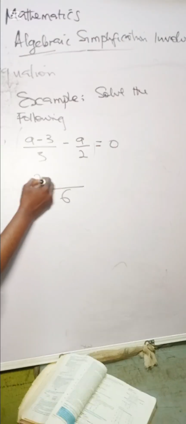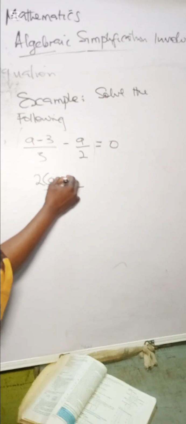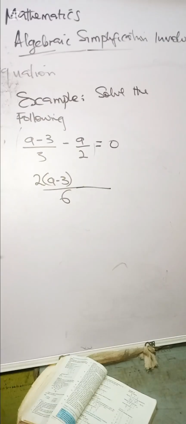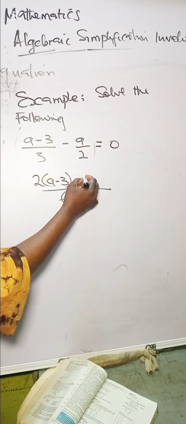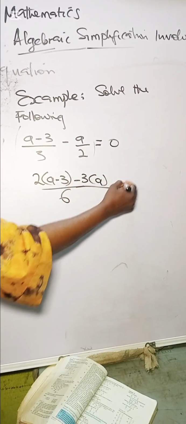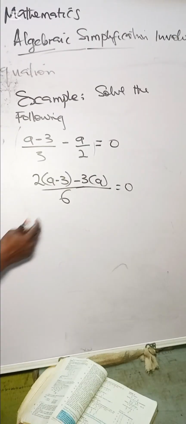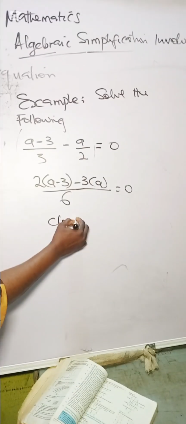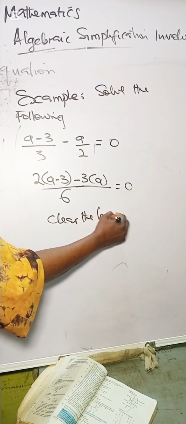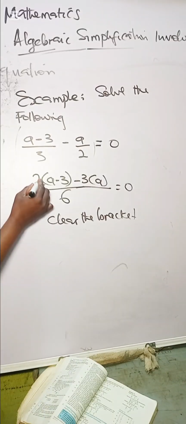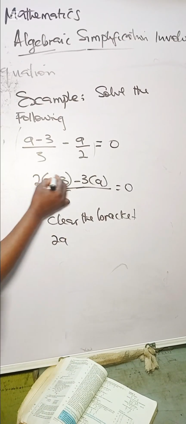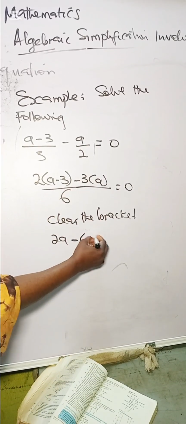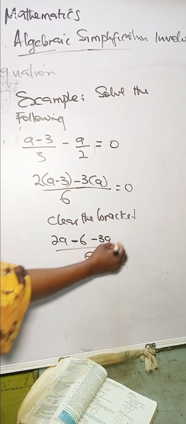So 6 divided by 3 will give us 2. So that 2 will now multiply a minus 3. Okay? So 6 divided by 2 is what? 3. The 3 will now multiply a, all equal to 0. Okay? So at this point, we are going to clear the fraction, clear the bracket. So I have that 2 into a will give us 2a, into minus 3 will give us minus 6. Minus 3 into a will give us minus 3a all over 6 equal to 0.